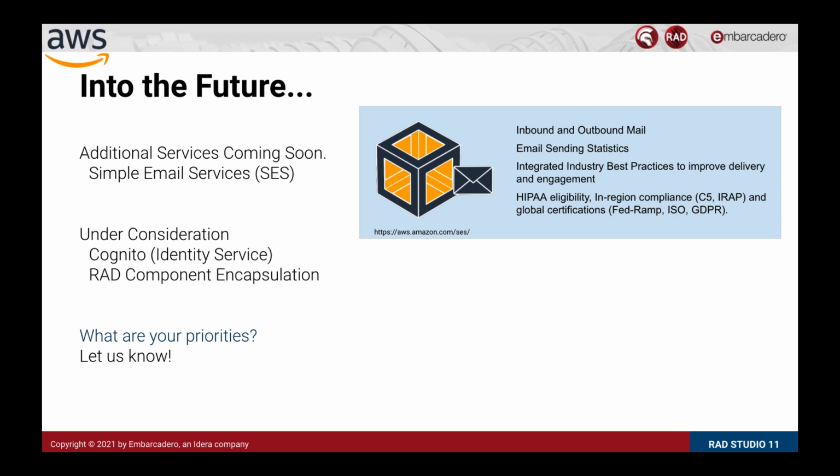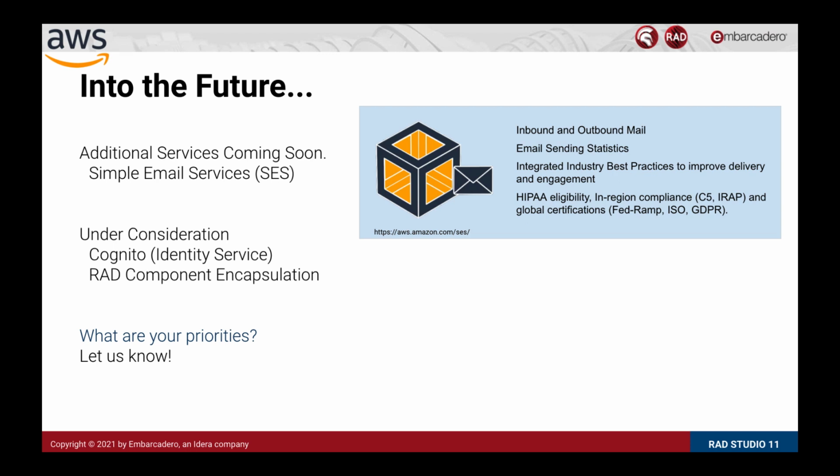Moving into the future, we are looking at additional services coming in. One high up the queue at the moment is the Simple Email Service, SES, which allows you to send emails. We're also looking at things like Cognito, the identity service from AWS, which helps with single sign-on and credential management.